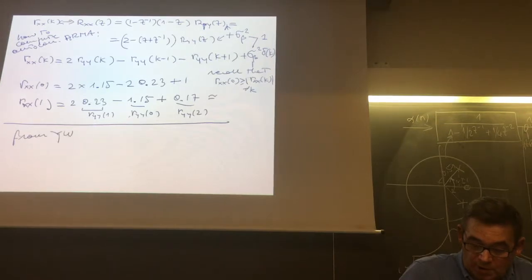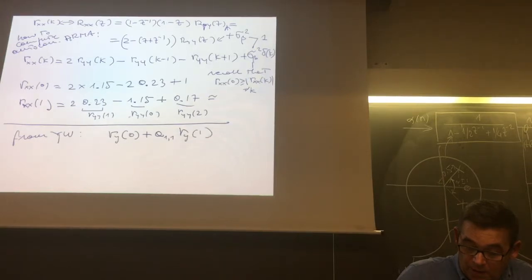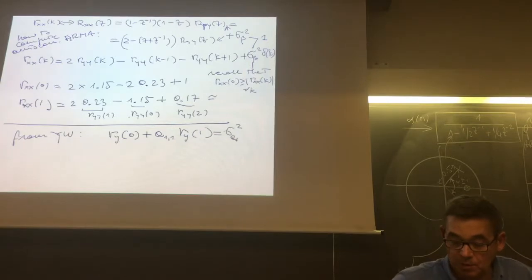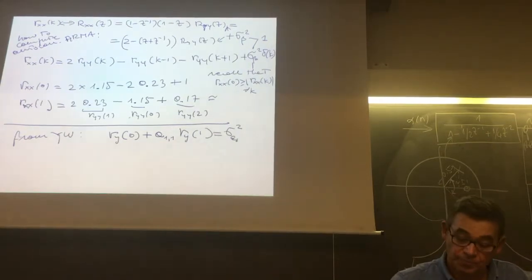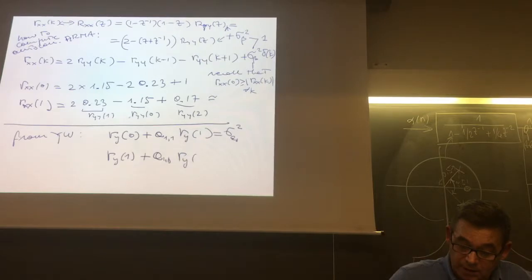From Yule-Walker, I have R_y(0) plus a_1^(1) R_y(1) equal to sigma squared epsilon 1, which is the power of the prediction error, and R_y(1) plus a_1^(1) R_y(0) equal to 0.